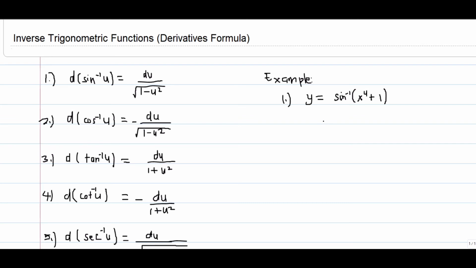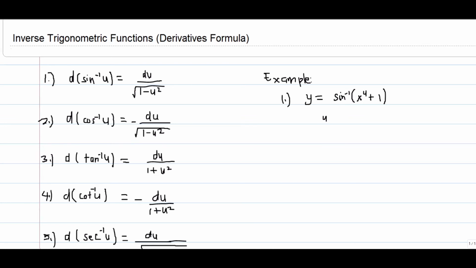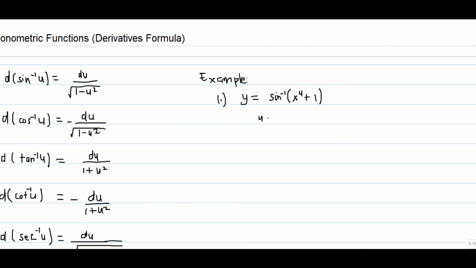Okay, so let u be equal to x to the power 4 plus 1, then du is equal to 4x cubed.